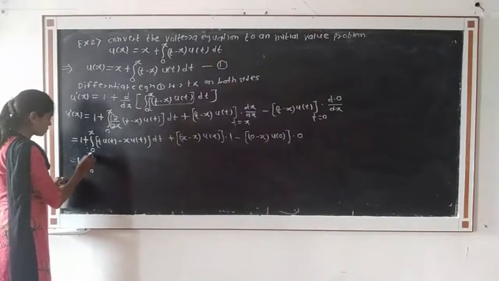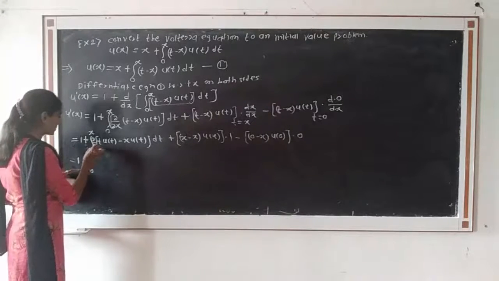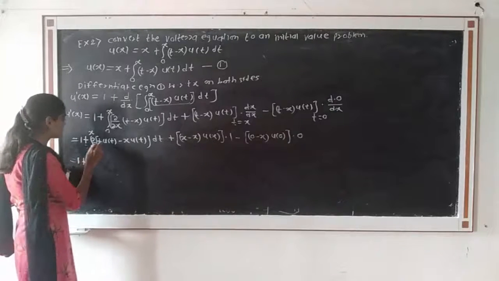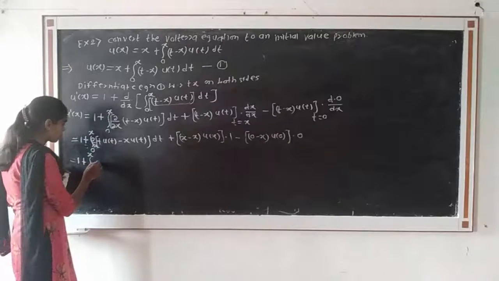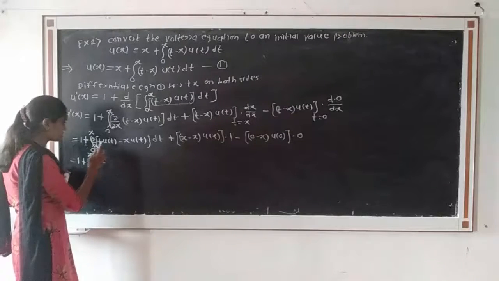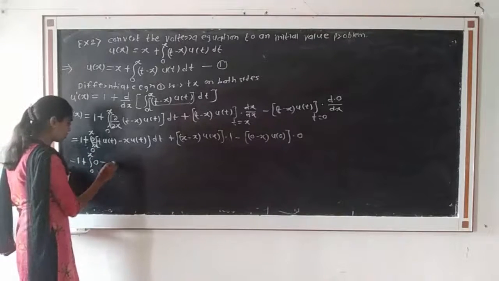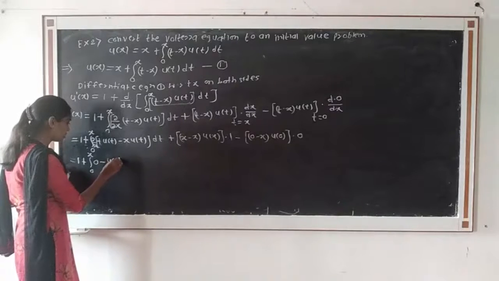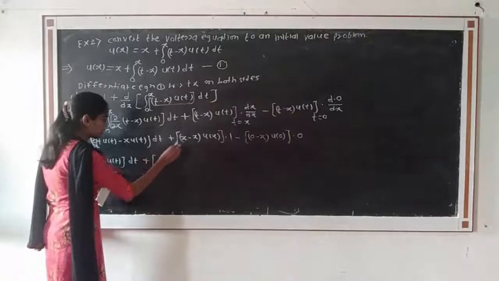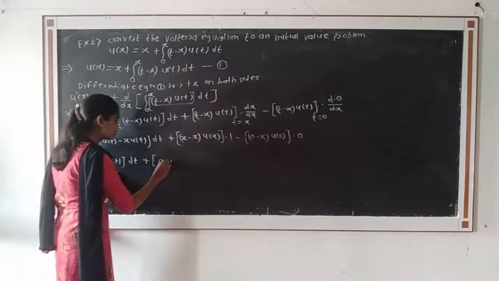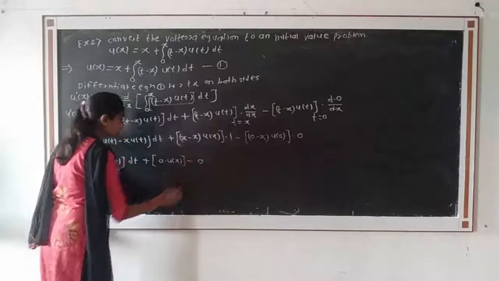That is equal to 1 plus integration from 0 to x. Here, if we take the derivative of t partially with respect to x, we get 0. So t and u of t give 0, minus the derivative of x with respect to x, which is 1, and u of t is constant, that is minus u of t into dt, plus (x minus x) will be 0 into u of x, minus this term becomes 0.